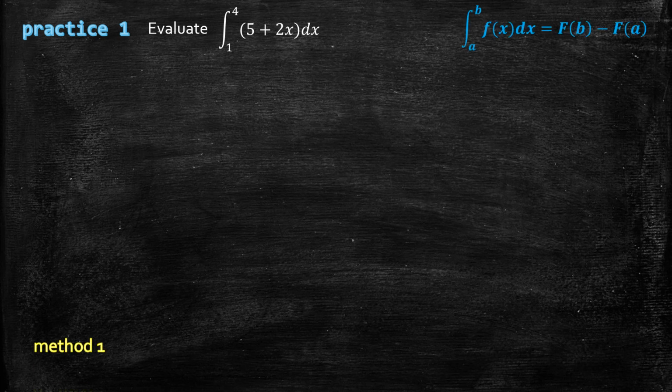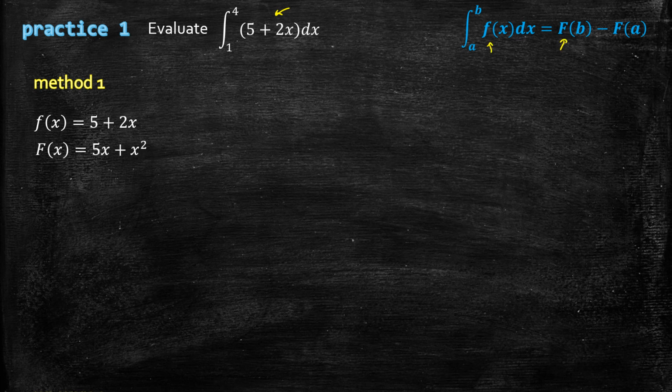I'm going to lead you through a couple of methods to evaluate an integral like this. The first method is to let little f of x be 5 plus 2x. That's the integrand, what's in here. So that's little f. Now we need to find big F.